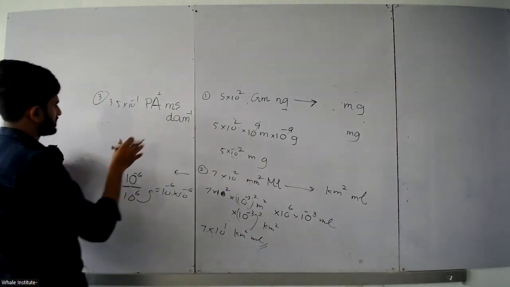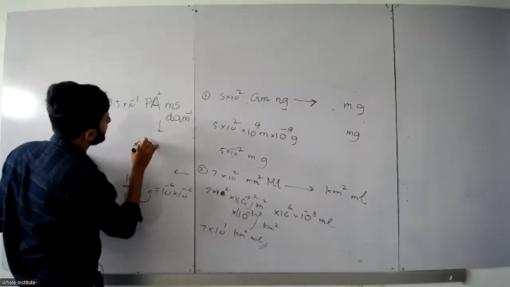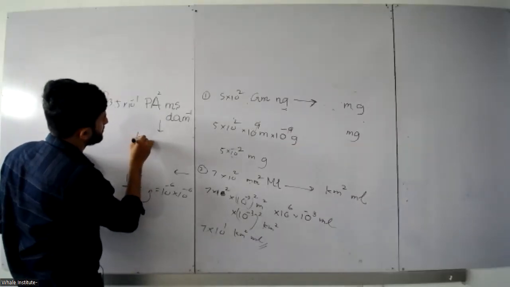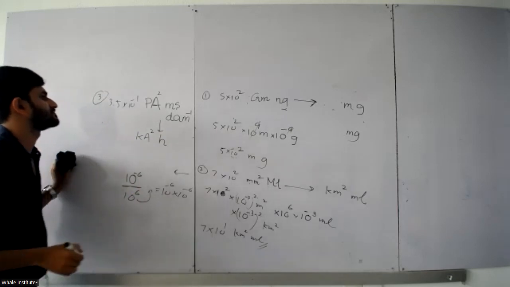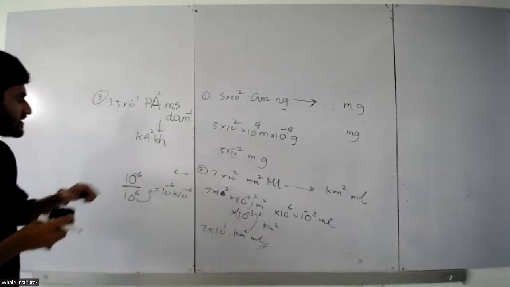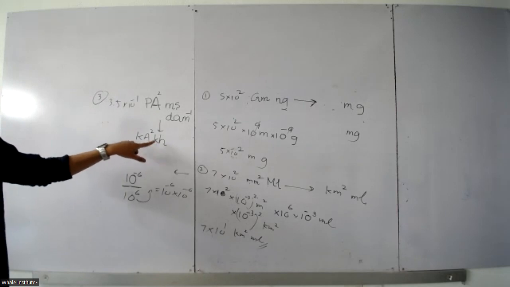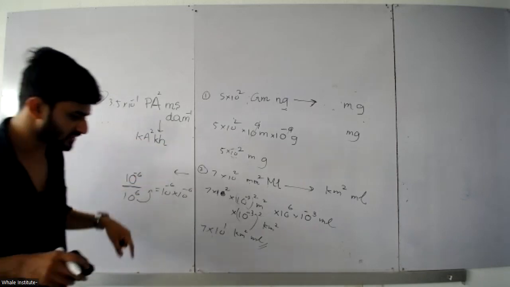This is my measurement, so I'm going to convert it into kiloampere square. Here k should be the prefix, which is kilo, right? And h means not hecto, right?